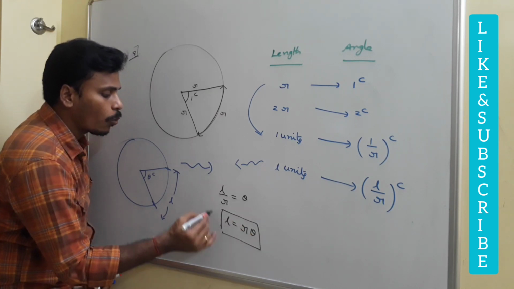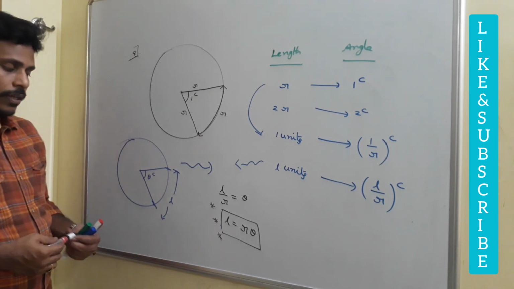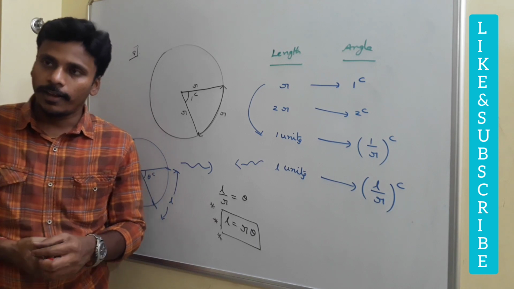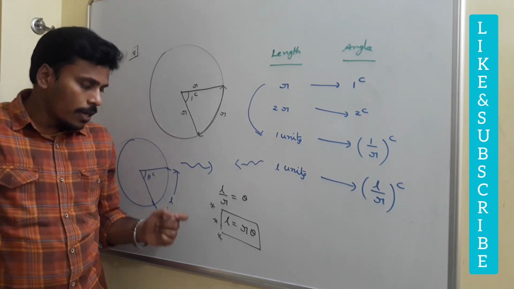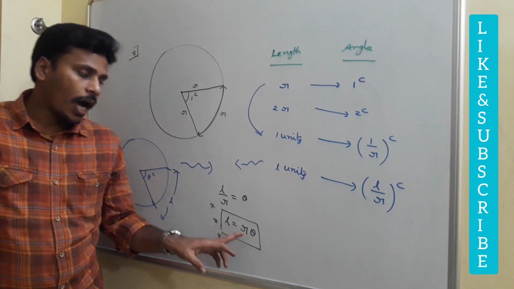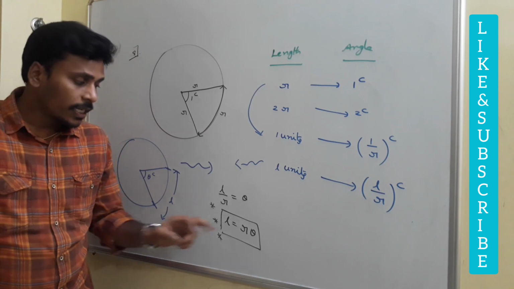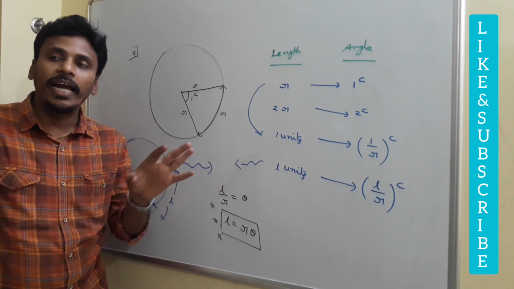This is a very frequently used formula related to circles and angles. L equals r theta. You need to know about each and every term of this basic formula. L is the length of the arc, r is the radius of the circle, theta is the angle made by that particular arc at the center.